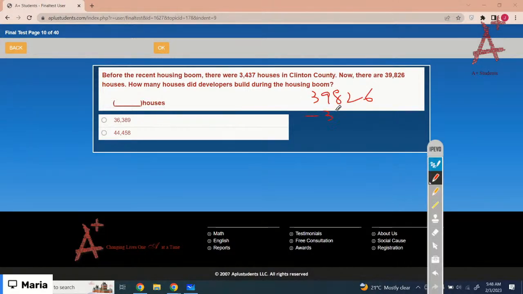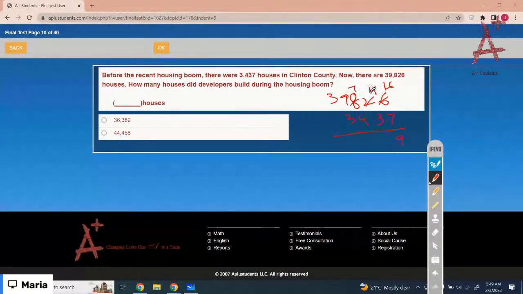39,826 take away 3,437. 6 take away 7, you cannot subtract, so you have to borrow 1. It would be now 16 and here you have 1. 16 take away 7 is 9.